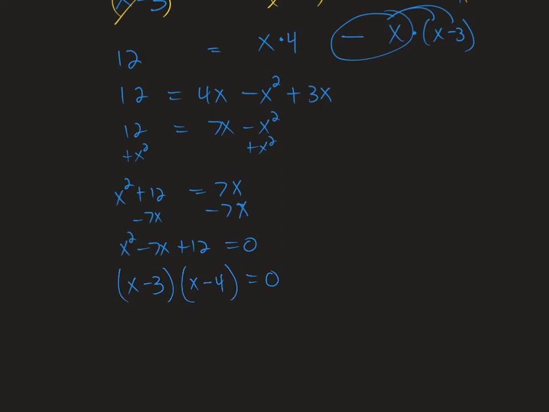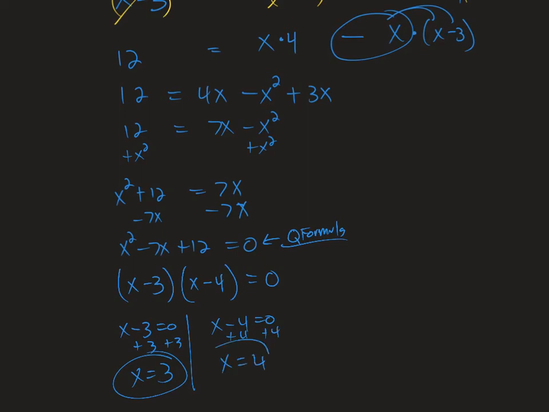You could also use the quadratic formula if you wanted to, but I just find factoring a lot faster, so we'll use the zero product property. x minus 3 equals 0, or x minus 4 equals 0. So add 3, x is going to equal 3, or add 4 to both sides, x is going to equal 4.